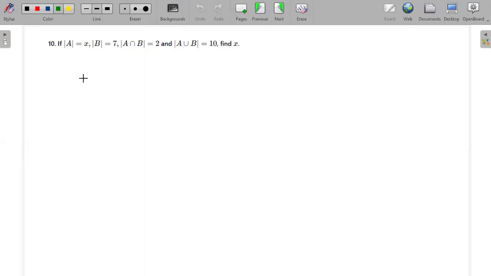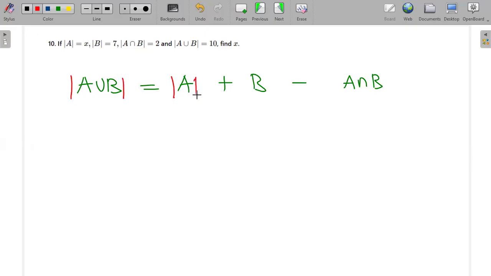So I'm going to say the union of A and B is the same as A plus B, and then minus A intersection B. But now here I have the moduluses, so I'll put modulus here, and there, modulus, modulus, modulus. So this here was given as 10, is equal to this guy here was given as X, plus this is 7, minus this guy is 2.